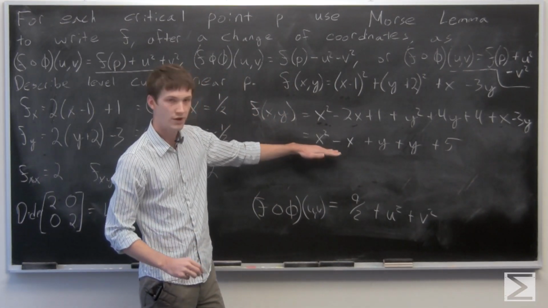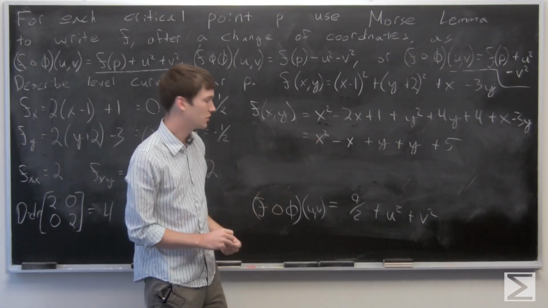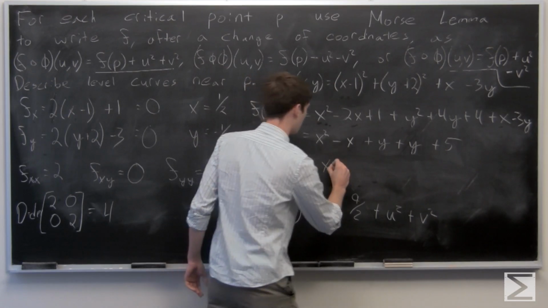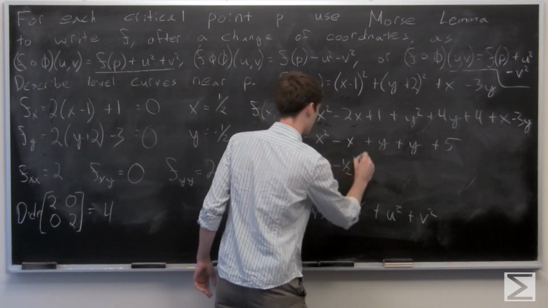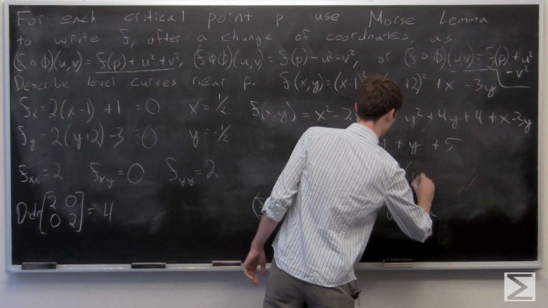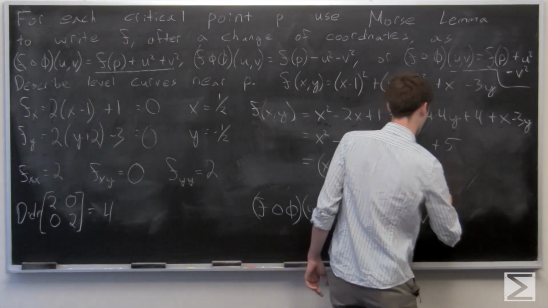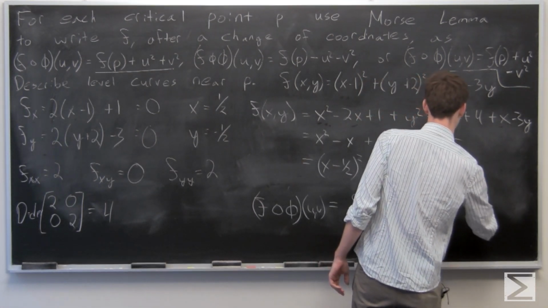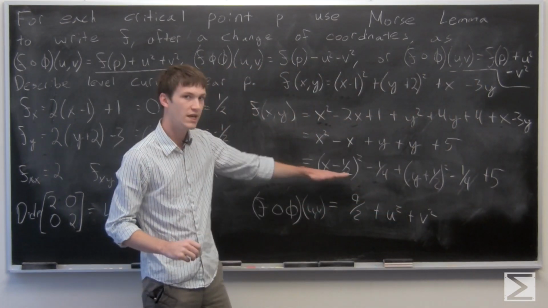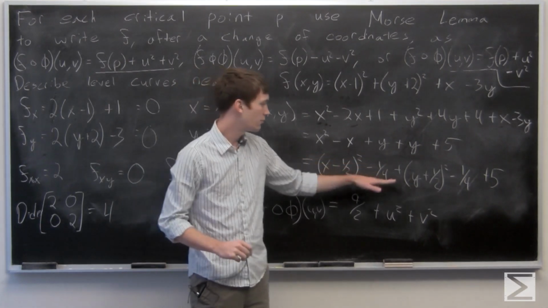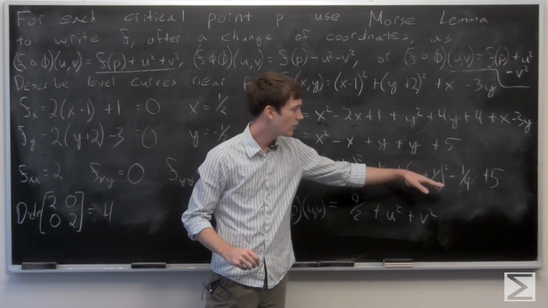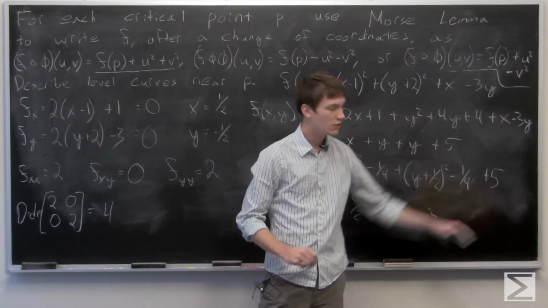And now we can do what we might expect, just complete the square. We get the quantity x minus 1/2 squared minus 1/4 plus the quantity y plus 1/2 squared minus 1/4 plus 5.